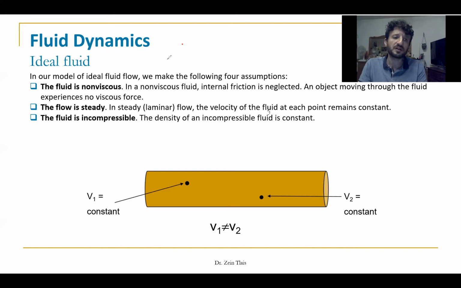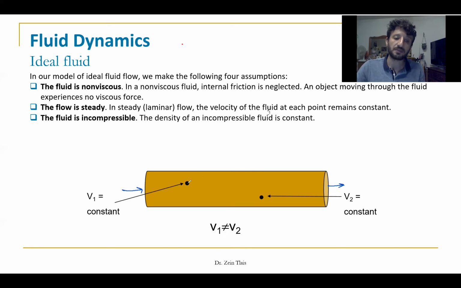The second point, the flow is steady. It means we have a steady state. The velocity of the fluid at each point remains constant. For example, here we have a tube with in and out.